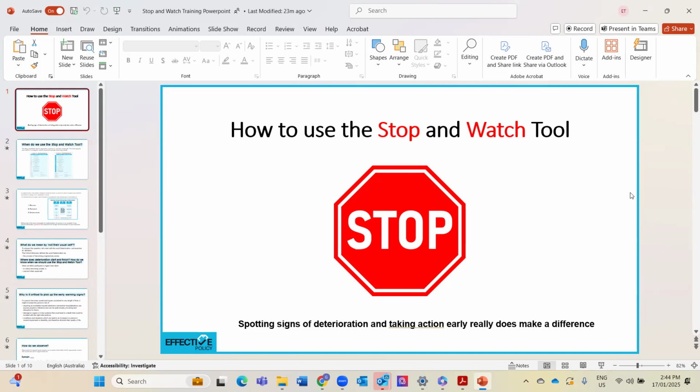If they feel that they're just a number with a big organization, it's nice to have a smaller option to go to. So we call it the stop and watch tool. So it was developed in the UK initially. And so it comes down to, okay, well, here's a tool. So let's learn how to use it to your client's benefit.